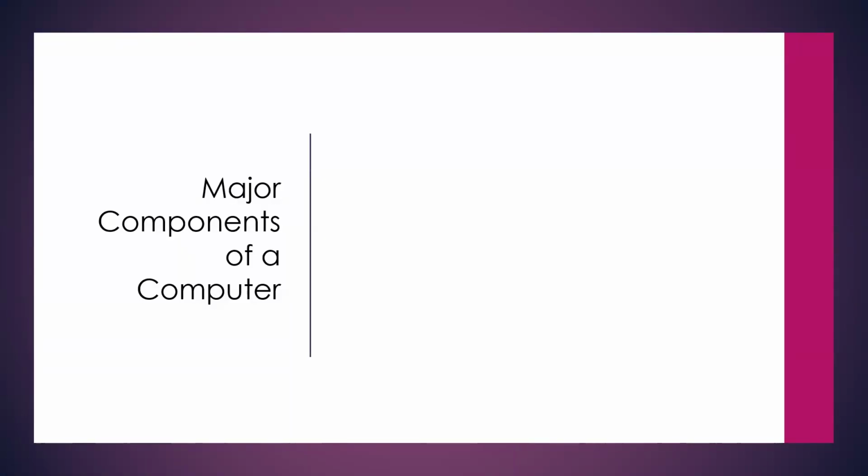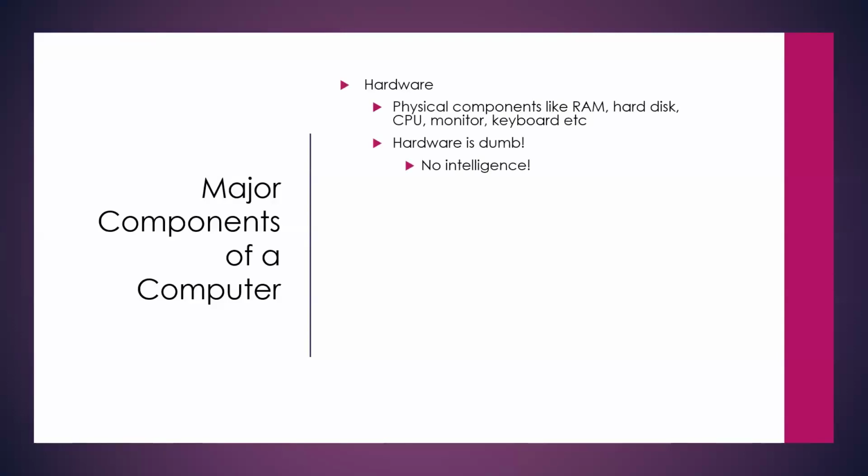So let's try to recall the fundamental stuff we have talked about in the course, the major components of a computer. A computer is primarily composed of two major components. One is the hardware. The other one is software.